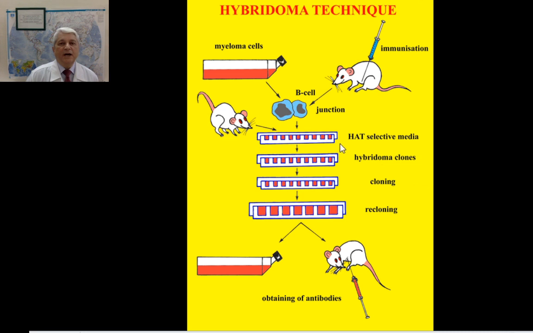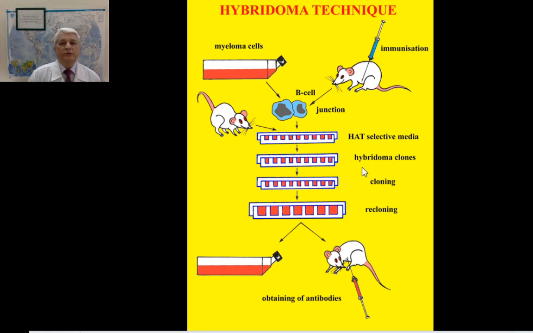But among these hybrids, which we now have in many test tubes, there are hybrids that produce antibodies and hybrids that do not produce antibodies. Now we must find test tubes with cells which are producing antibodies. How to do this? Here you see on the next figure, you have new test tubes in which we have only hybridoma clones.